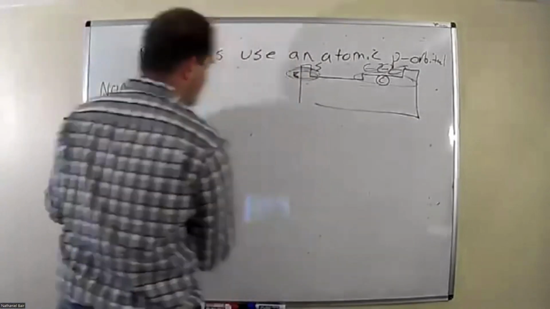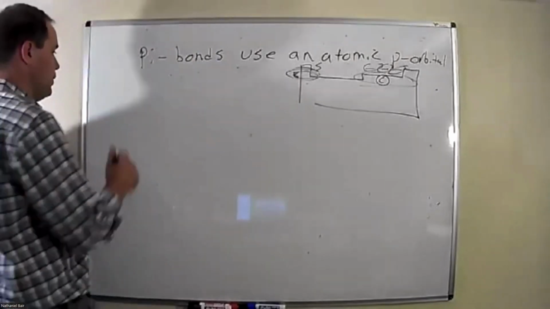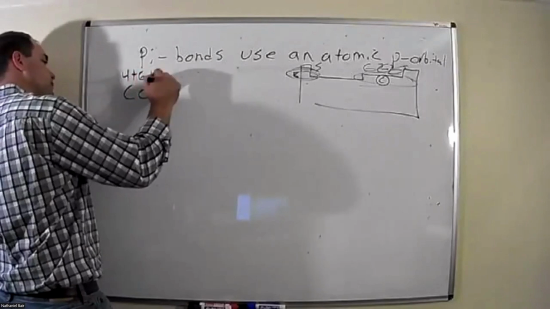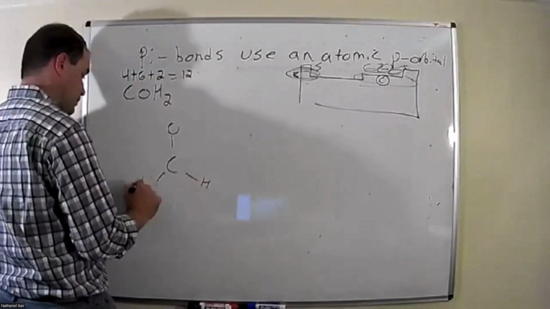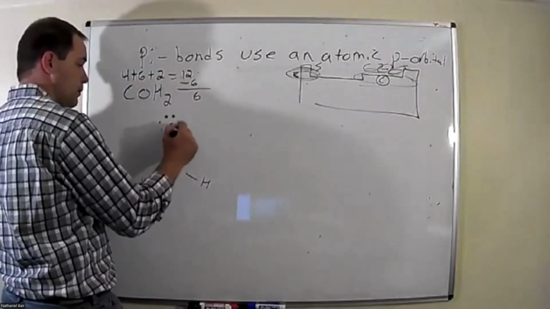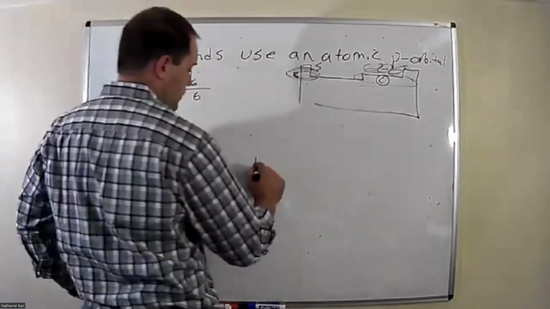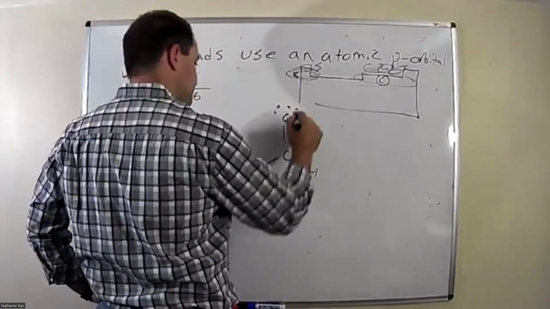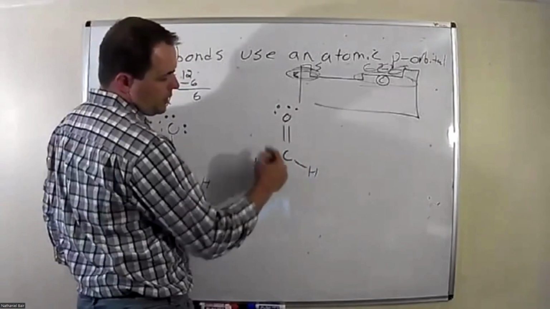Now, if you have one pi bond, then that central atom is going to be sp2 hybridized. So for example, if we do COH2, hopefully you can see how this carbon is making three sigma bonds.